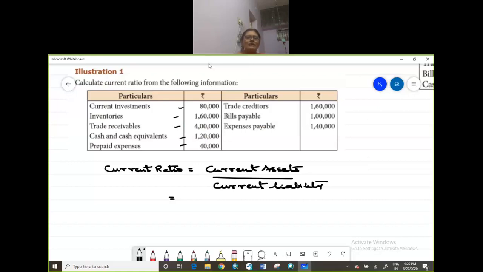Now, let us add all these current assets: current investment plus inventories plus bills receivable, that is trade receivable, plus cash plus prepaid expenses, right?